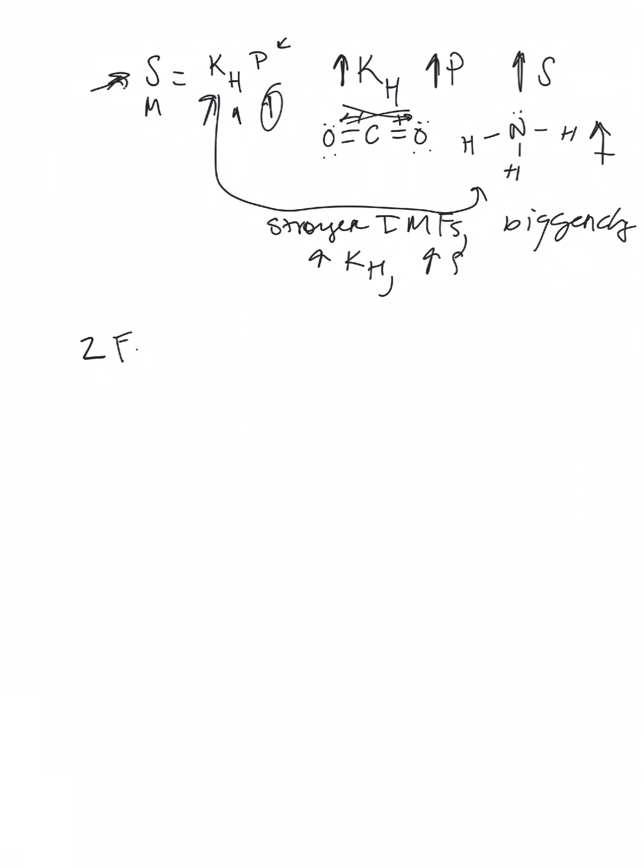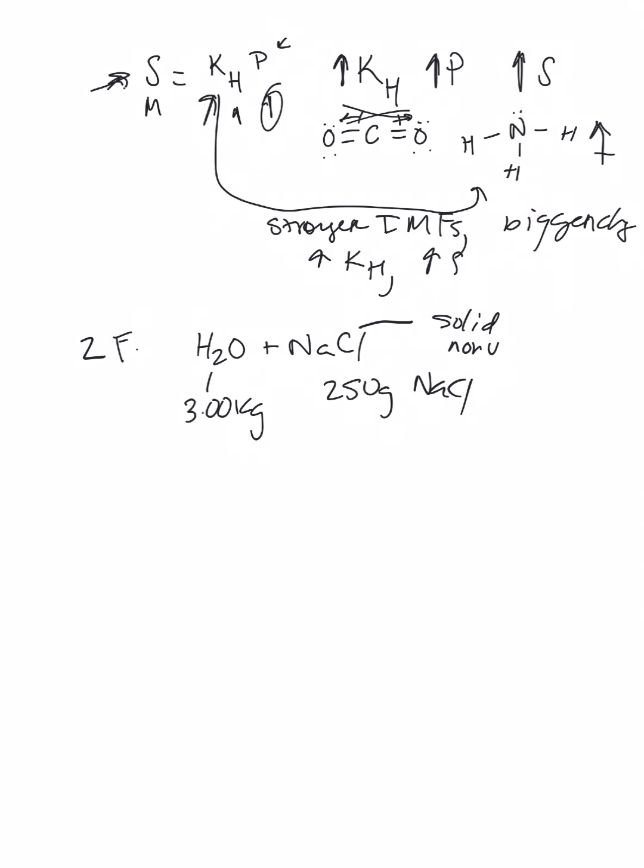Brine is used to treat meat before we eat it, if you eat meat. So brine is H2O, water, plus NaCl, salt, where we have 3.00 kilograms of water and 250 grams of NaCl. NaCl is a solid, so it's non-volatile, but H2O is volatile, and this is at 100 degrees Celsius.